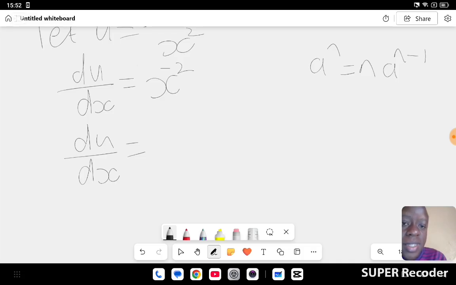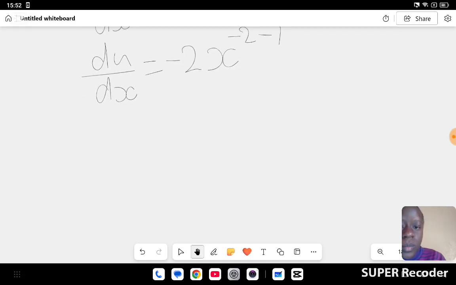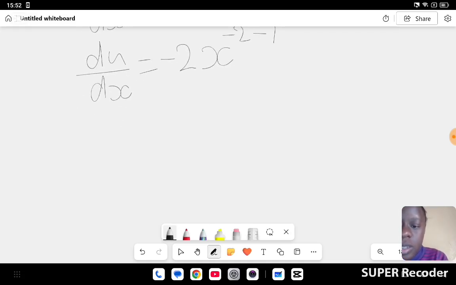In this case, our n is -2. We multiply it with the coefficient, x to the -2 minus 1. Du over dx is equal to -2x to the power -3.